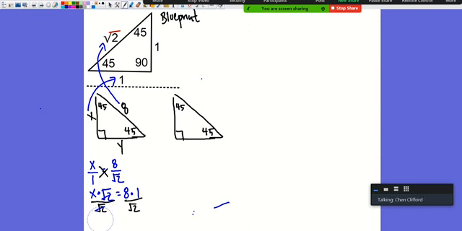And by the way, folks, you could have linked your X up with that other 1. It doesn't matter because they're both the same. That's the cool thing about the 45, 45, 90: you have more flexibility. I chose to link it up with that one, but you can link it with whichever one.